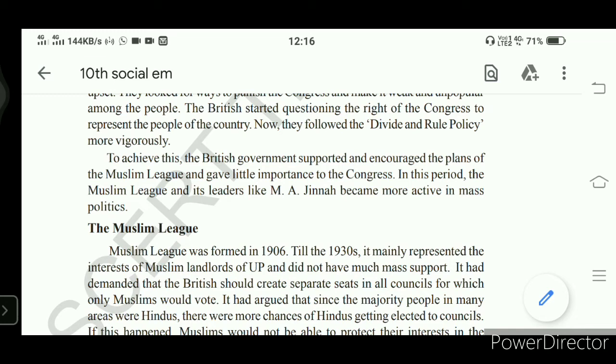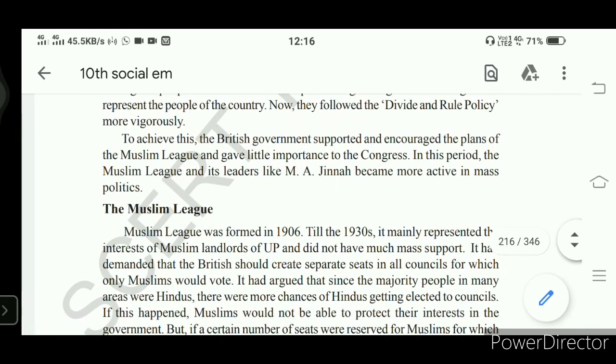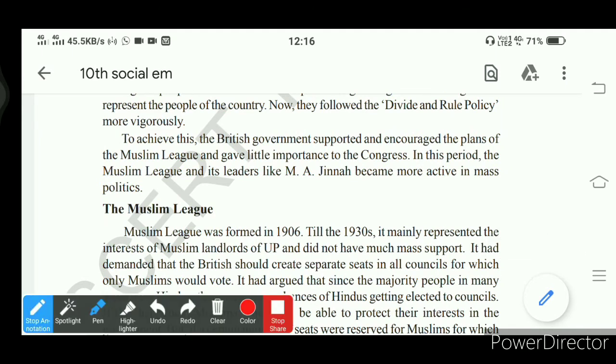So for that, Britishers supported the Muslim League. Always the British government paid attention to the words of the Muslim League. Why did it pay attention to the Muslim League? The British intention was to decrease the status of the Indian National Congress. So it strengthened the Muslim League.